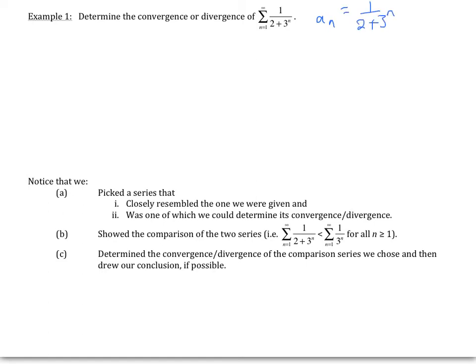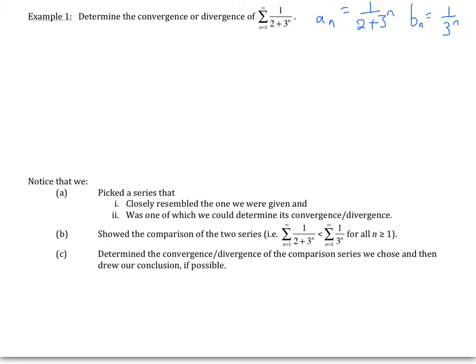So I need to pick a b sub n that's similar to it, and I'm going to strip off the 2 that's in the denominator, and I'm going to compare it to 3 to the n. And I like that because that's a series that I'm already familiar with. It's the geometric series that has r as 1/3, and so I can easily determine the convergence or the divergence of it. So I'm going to start with that.